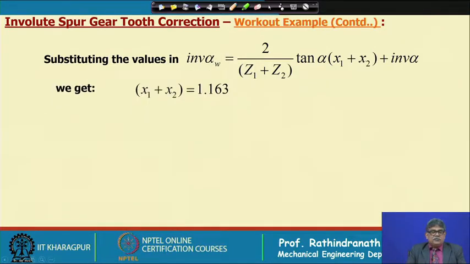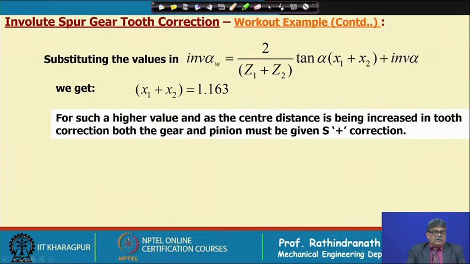We use this formula and we get x1 plus x2 is equal to 1.163. For such a higher value, and as the center distance is being increased in tooth correction, both the gear and pinion must be given plus correction.